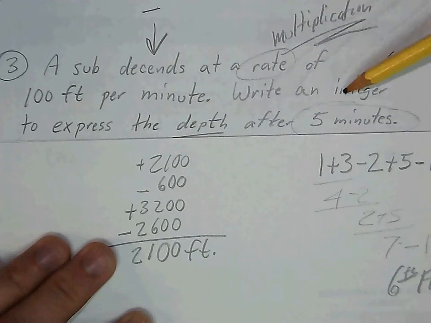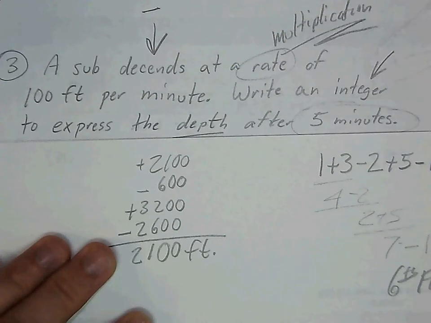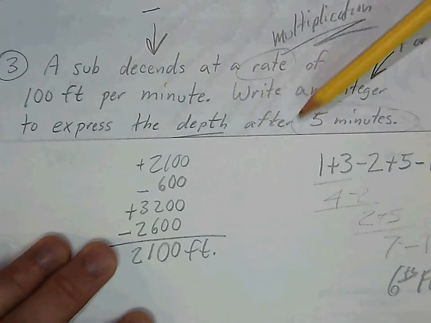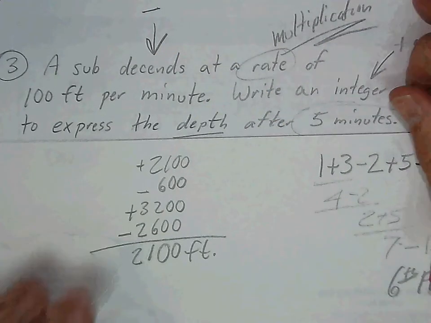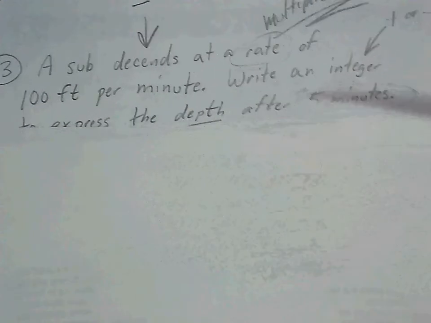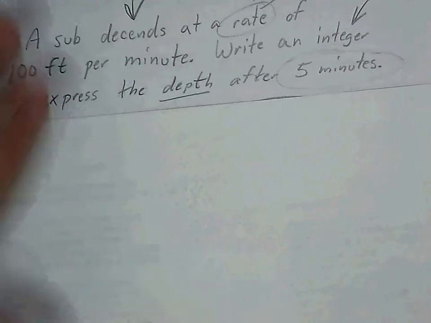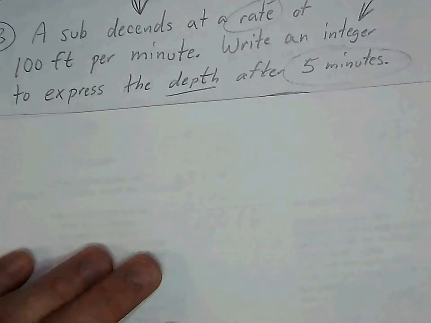The question says, write an integer, okay, which means it could be a positive number or a negative number, whole number, to express the depth after 5 minutes, okay, so what that means is they want you to write down the math problem for it and then write the answer, and don't forget the positive or the negative.